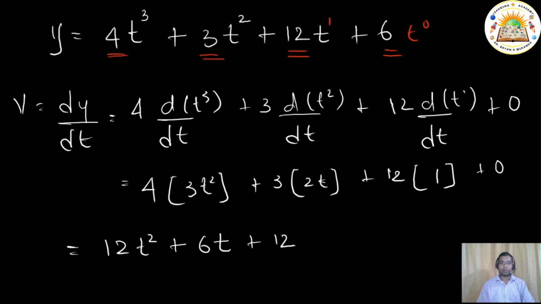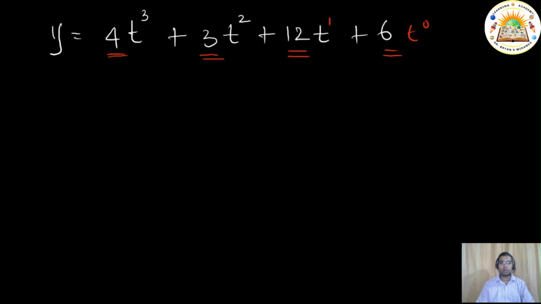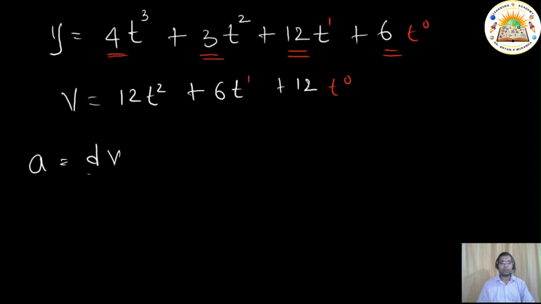Now this is velocity. We can go ahead and do acceleration. What is acceleration? I'll just simply write velocity here, which we got as 12t square plus 6t plus 12. Again, for our benefit, this is t power 0, this is t power 1. Acceleration is rate of change of velocity, so I can simply write it as dv by dt.